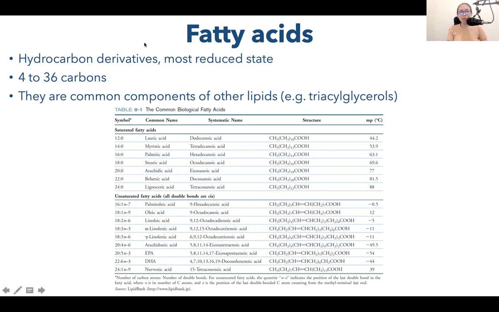Bakit even lang ang number ng carbon? Hello? Hello po. Ayan, okay. Ma'am, rinig po ako. Yes.